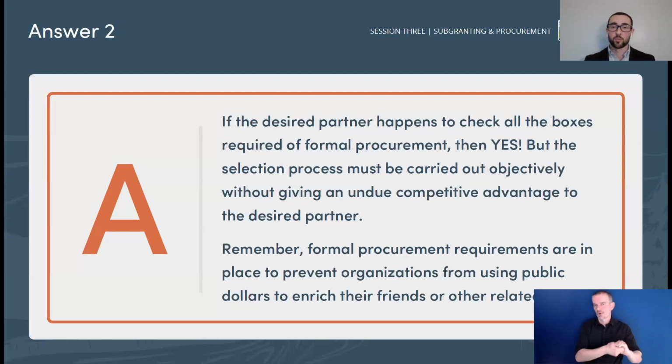It's worth remembering that within the uniform guidance, we have these formal procurement requirements listed out to prevent organizations from using public dollars to basically enrich their friends or related parties, right? Competition is key, and provided the process is carried out in accordance with those competitive requirements, then it should be fine, absolutely, to select a desired partner on a contract.